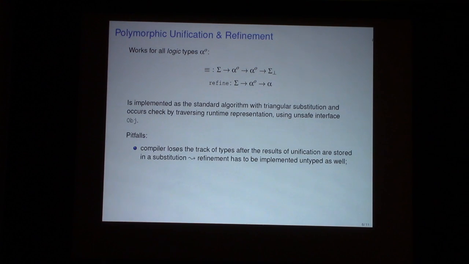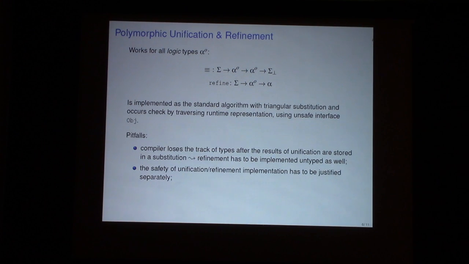You don't have the type term anymore, so it is difficult to decide which type your substitution will have, because it will be a heterogeneous map from logical variables to any values. So we decided to erase these types and implement reification as well.